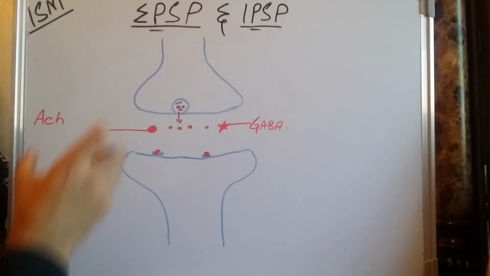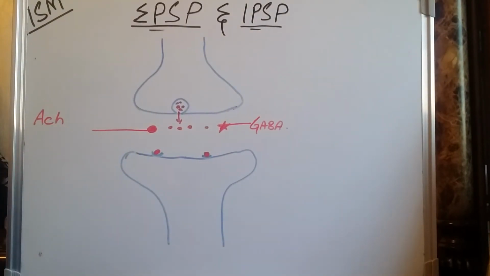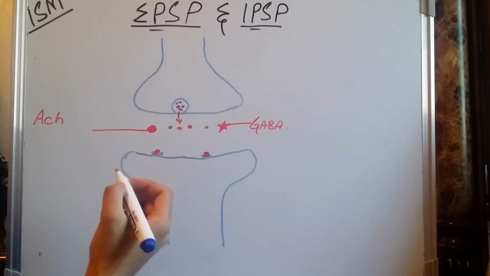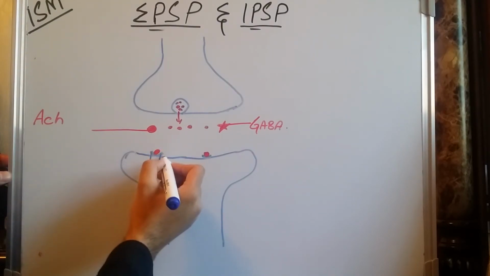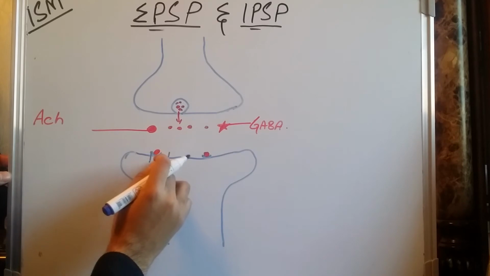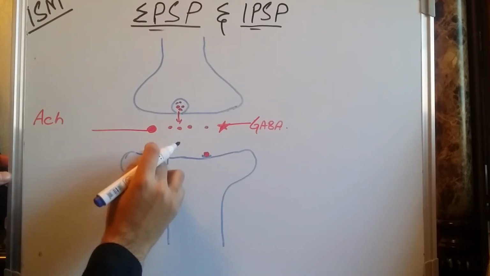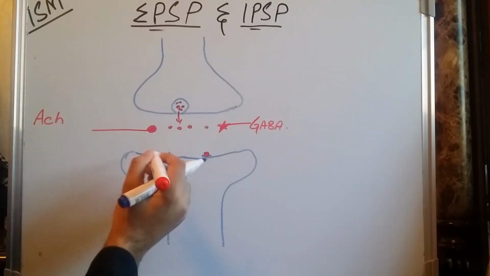Whenever acetylcholine is released from the presynaptic membrane and comes down to the postsynaptic membrane, the receptors here sense its presence and open up sodium channels.